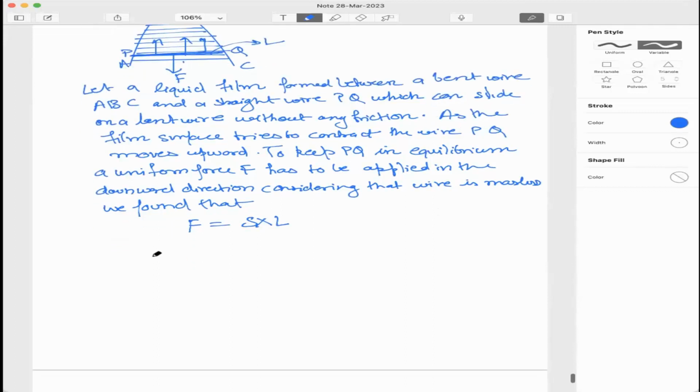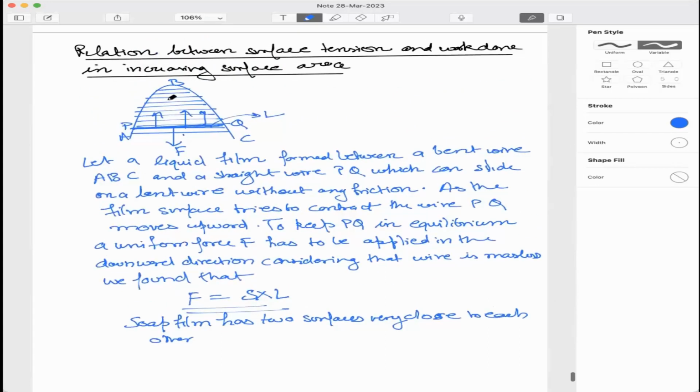Please keep it in mind that a soap film has two surfaces very close to each other. If I'm writing this, it means it has this area that I'm looking at from my side. But at the back there is one more surface of the soap film.